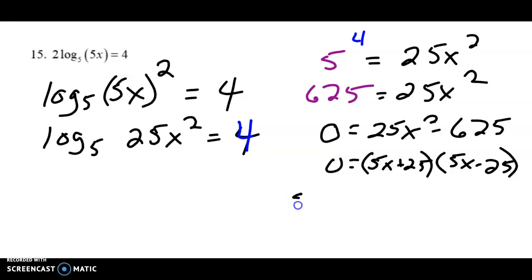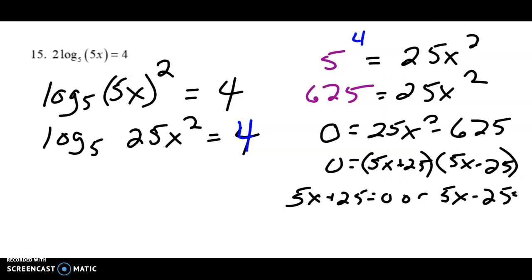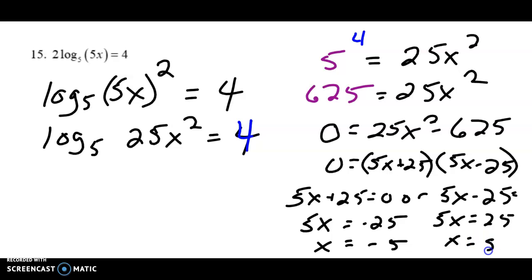So solving that, we have 5x plus 25 equals 0, or 5x minus 25 equals 0. So we got 5x equals 25, is equal to 5, or 5x equals negative 25. We have two solutions, positive 5 and negative 5.